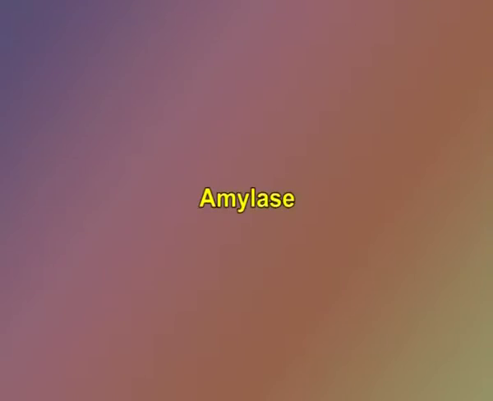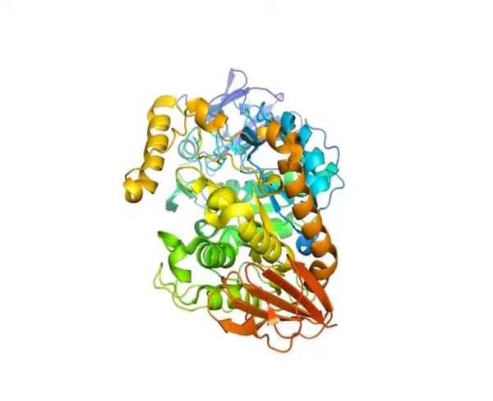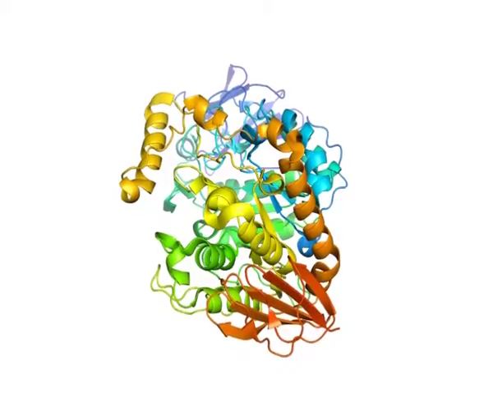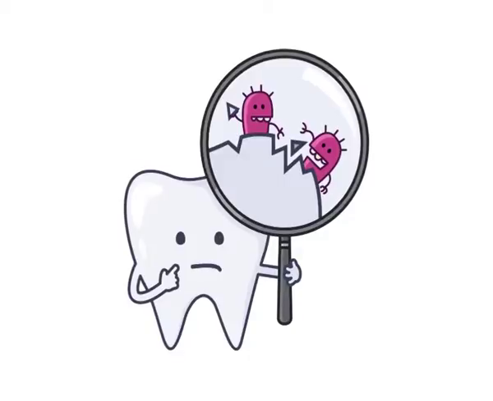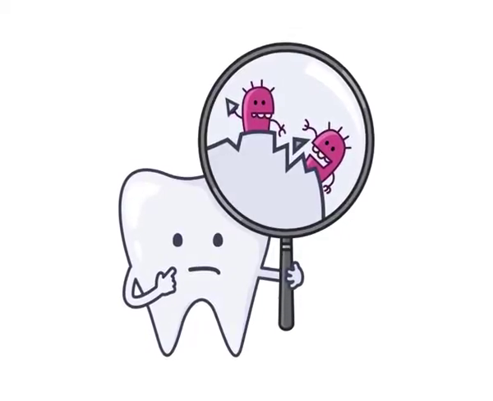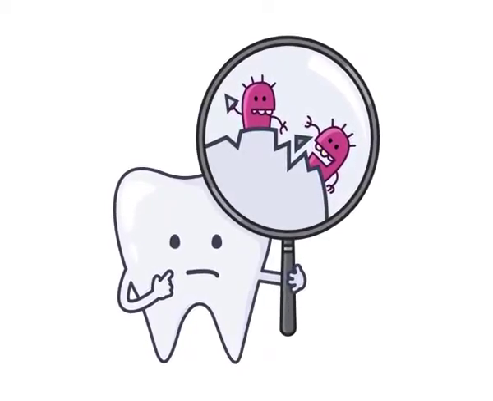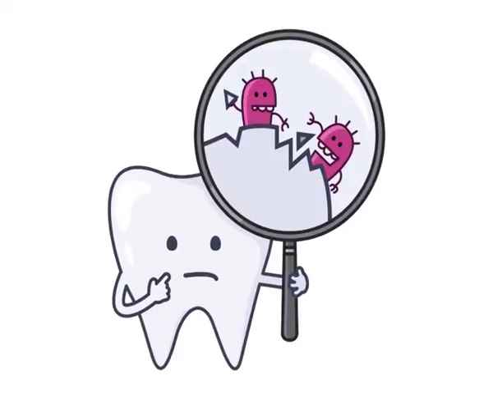Next enzyme is amylase. An amylase is an enzyme that catalyzes the hydrolysis of starch into sugars. Amylase is present in the saliva of humans and some other mammals, where it begins the chemical process of digestion.